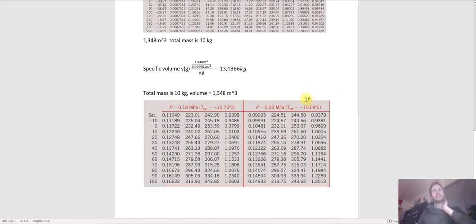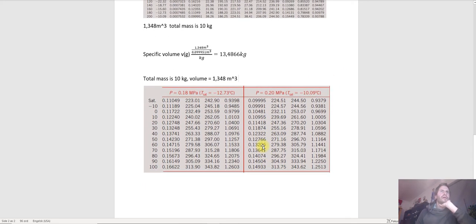That we know. So because it's 10 kilo, you can see that the specific volume must be 0.1348, and we have no fluid here, we have only the gas. It's superheated, so it's gas or steam only.